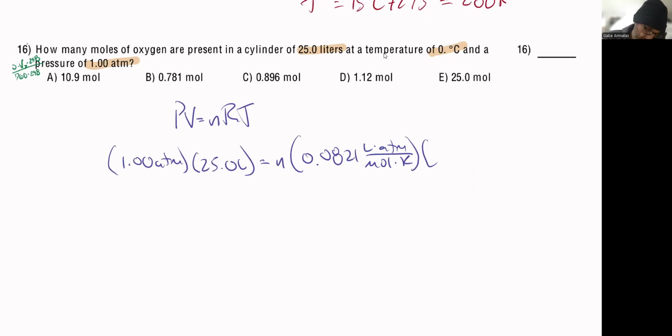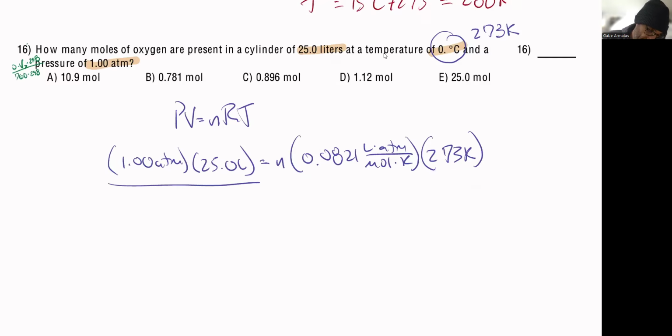This one's easier than the other one. My temperature of 0 degrees Celsius is, sorry, not 298, is 273. 273 plus 0 is 273 Kelvin. And I'm moving these two to the other side.